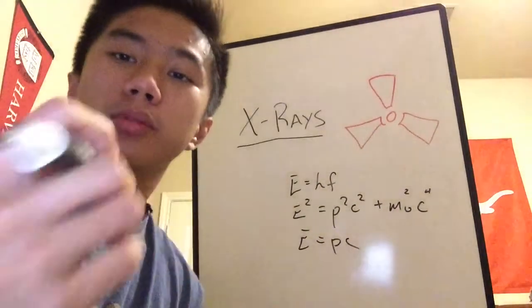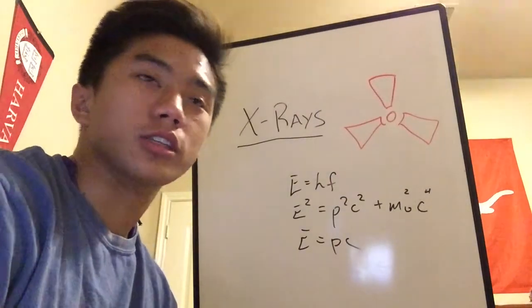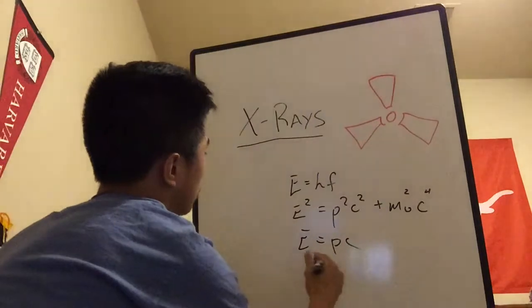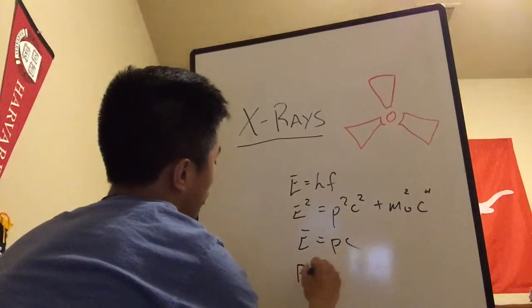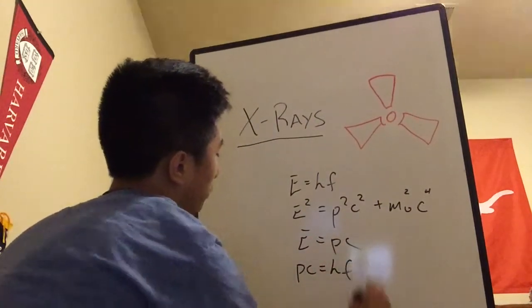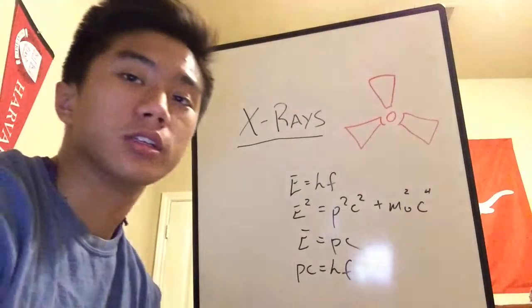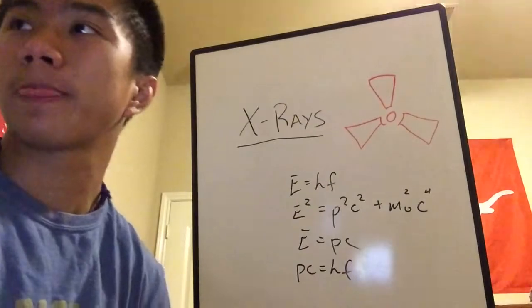And if you combine Planck and Einstein's equations, it comes out to PC is equal to HF. That is, momentum times the speed of light is equal to Planck's constant times the frequency of the waves.